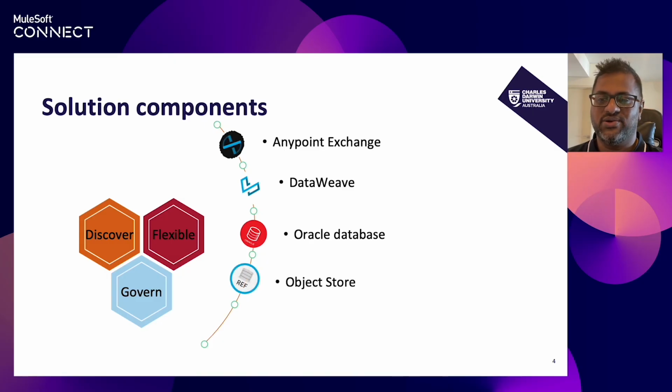Now, lastly, with any event-driven architecture design, one core component needed is a messaging infrastructure or an event bus. We utilize RabbitMQ as our messaging platform to complement Mule's enterprise service bus.